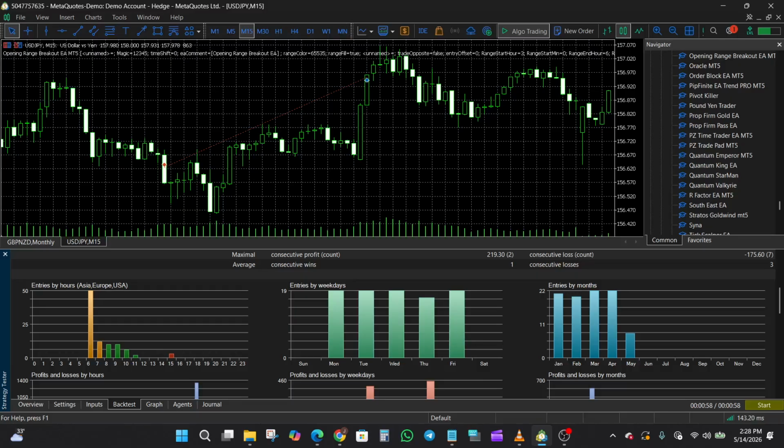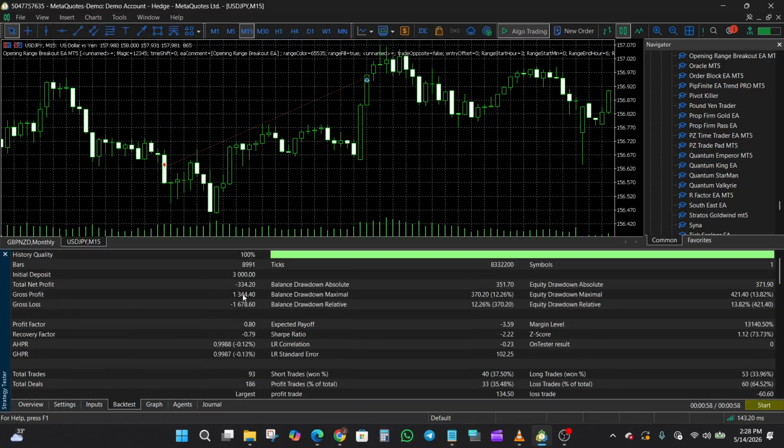So overall, the opening range breakout EA for MT4 and MT5 keeps the approach relatively focused and structured around classic breakout logic, with configurable session controls and straightforward risk management. If you're interested in session based automated trading systems, this is one that is probably worth exploring further on a demo account before considering any live usage.